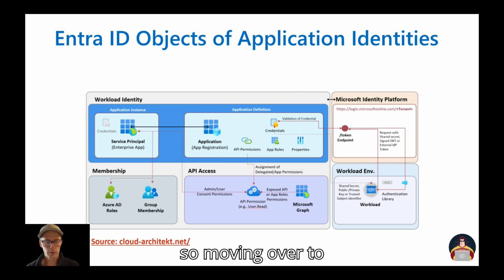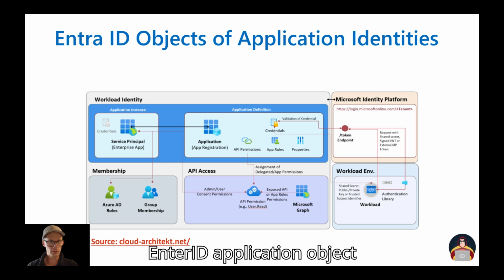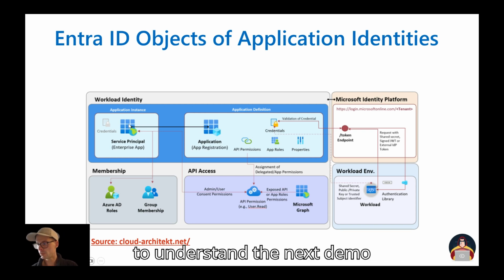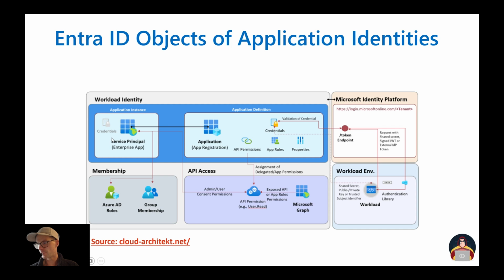So moving over to the basic constructs of the Entra ID application object. This is pretty important to understand for the next demo. At the top left here we have an enterprise application.